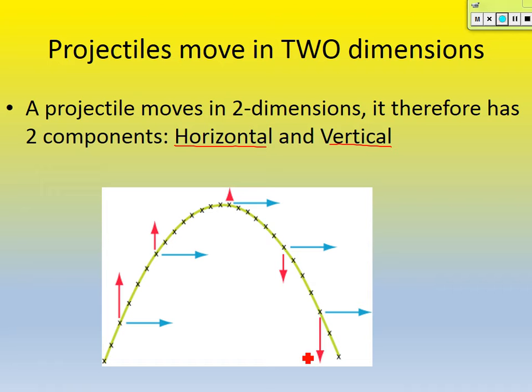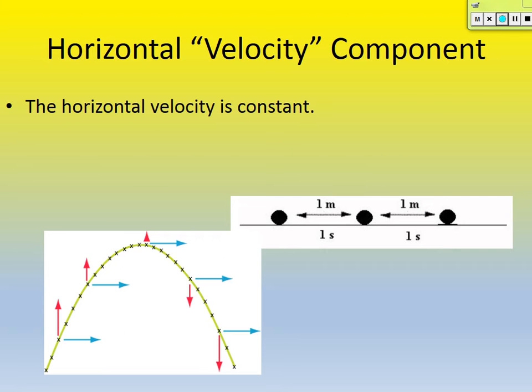Now, let me ask you this. What do you notice about these horizontal vectors, the blue ones? They're constant, yeah. Gravity does not act horizontally. It acts vertically. So remember, we're going to ignore air resistance. So we're going to assume that the horizontal component of velocity is constant. Okay, so the horizontal velocity is constant. Just like we said, that's why the blue vector is always the same length here.